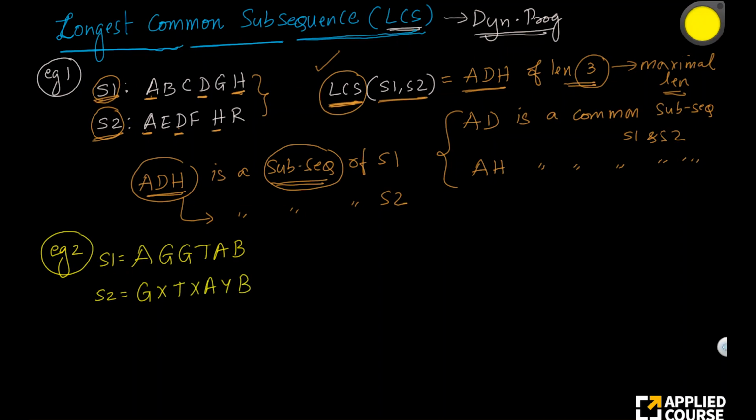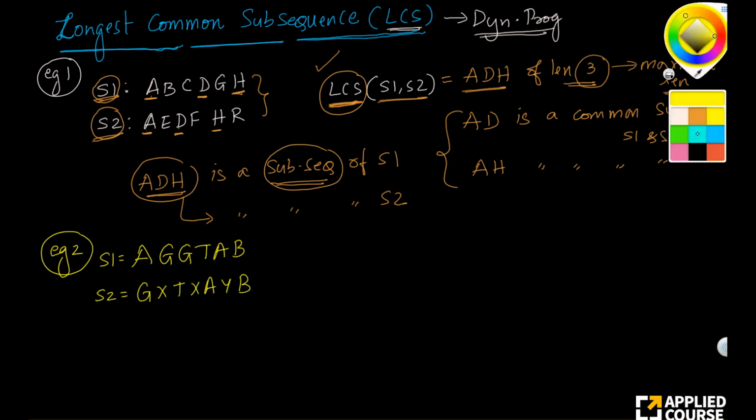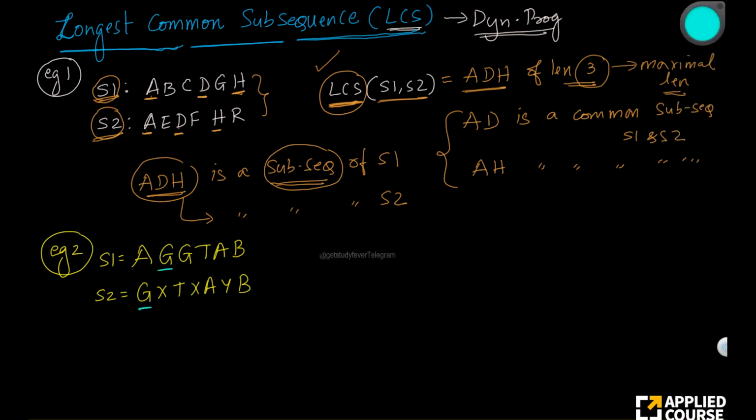Now, what is the longest common subsequence here? If you notice, G is common, T is common, A is common, and B is common. So the longest common subsequence between S1 and S2 is GTAB, of length 4.